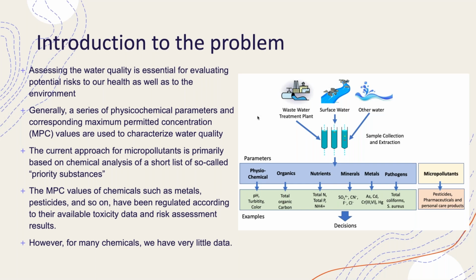Where we run into problems is the man-made chemicals that are often present in a variety of different water, and how we go about making decisions based on those micropollutants.